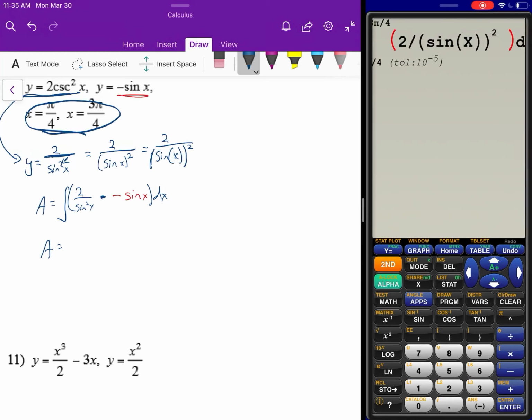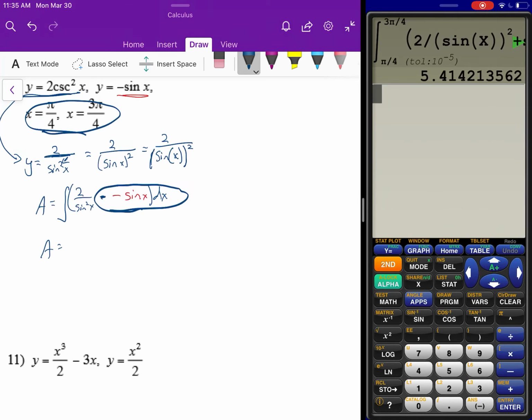But we still have to do the rest of our function. We have to subtract the negative sine x, which is actually the same as adding sine x, so plus sine of x. And we want to keep going and put that in terms of x, so dx. And we can hit enter, and we get the area is approximately equal to 5.414 units squared.